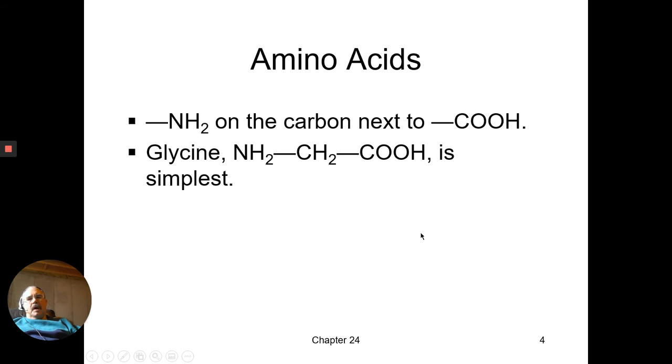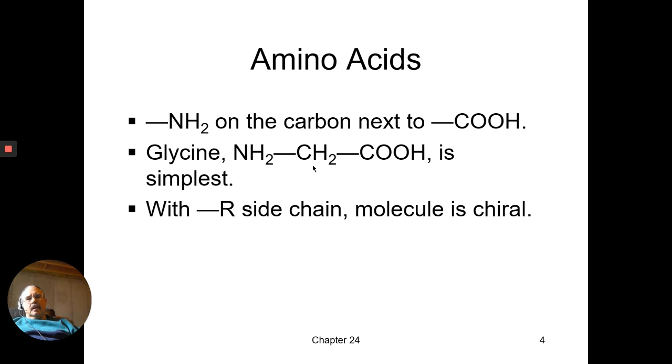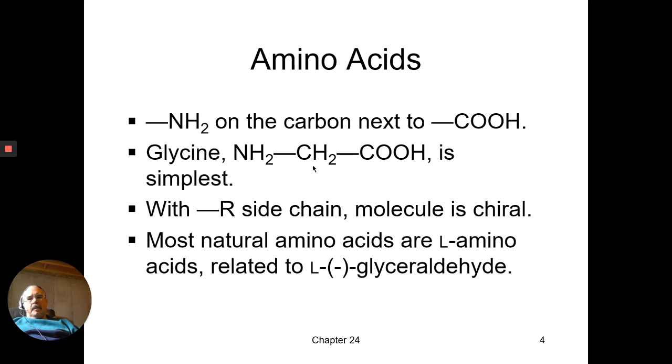And this is the only one that doesn't have a chiral center. Okay, except for glycine, with R as a side chain, the molecule will be chiral. Most natural amino acids are L amino acids. That is, they're related to L-glyceraldehyde.